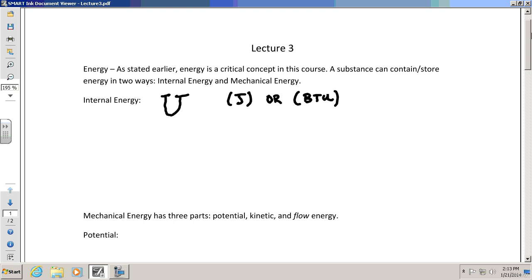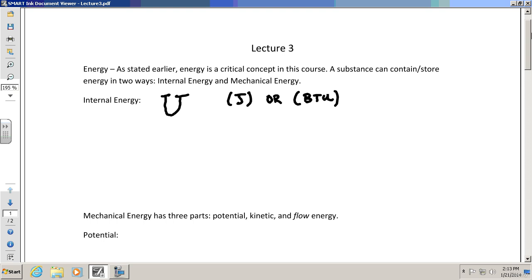Now, the other thing that I'm going to do frequently in this class is I'm often going to describe stuff, instead of it being just an amount of energy, like joules or BTU, as an amount of energy per mass. For instance, joules per kilogram or BTUs per pound mass. When I do that, I use lowercase.